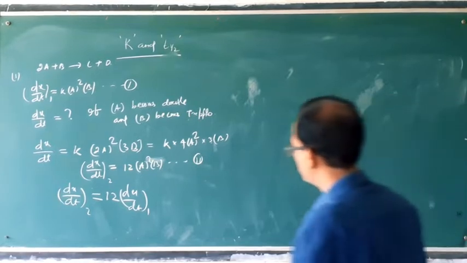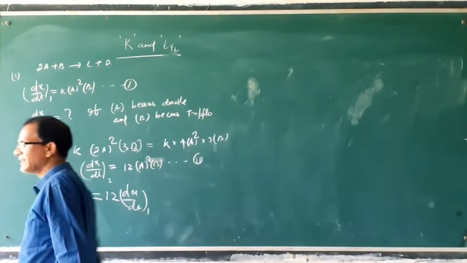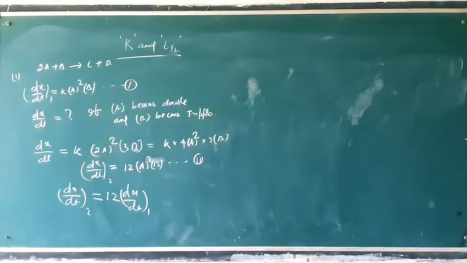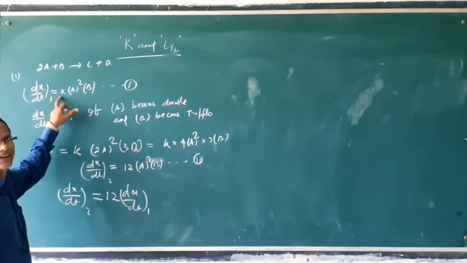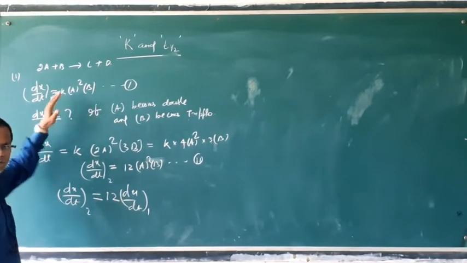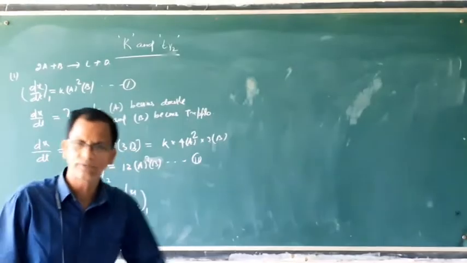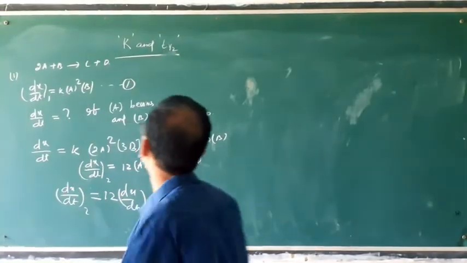It is clear. That's why rate can be affected by changing concentration. It depends upon the expression of rate law. Rate law is very important for determination of the rate of reaction.